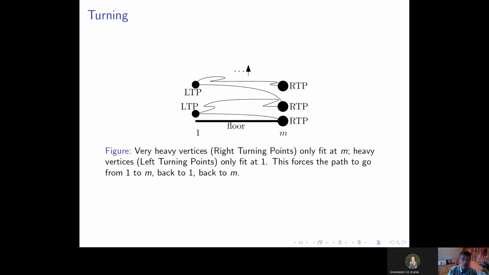This is, for instance, used for the trick of turning, where we have some very heavy vertices which only fit at the last vertex, at point m, and some relatively heavy vertices, which we call left turning points, which only fit at vertex 1. And this forces that the path goes from 1 to m, then goes back to 1, then goes to m, and so on. Maybe doing a little zigzagging in between, but the main turns are like shown in the picture.